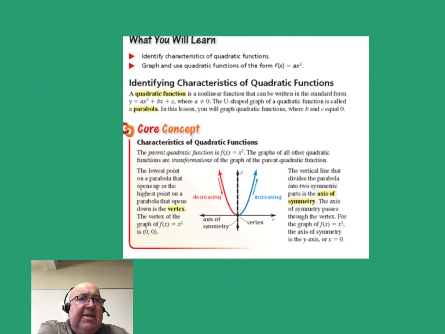The vertex is also going to be the lowest point or the highest point depending upon what the graph looks like. And the values of y will decrease on the left side, increase on the right side as we go for a normal function. So let's take a look here.